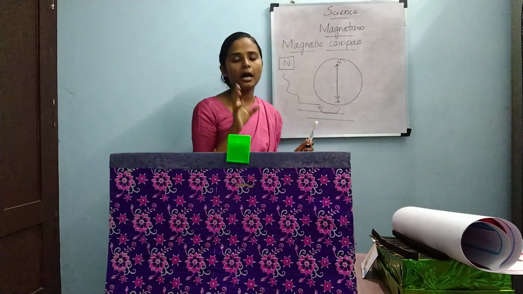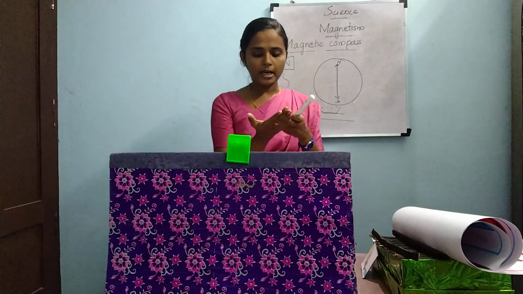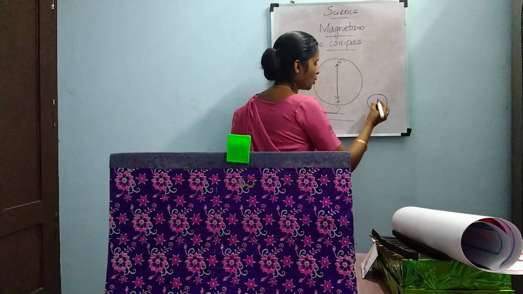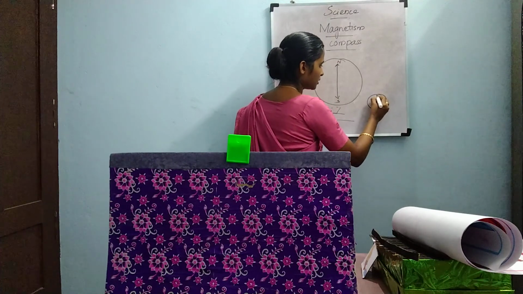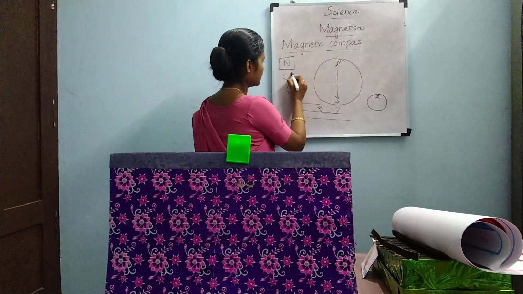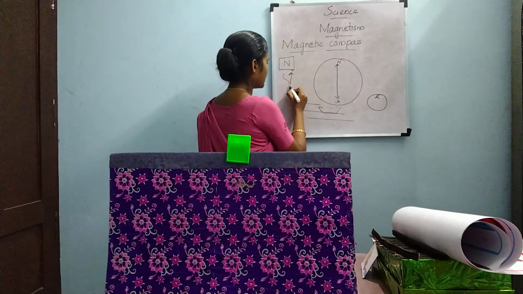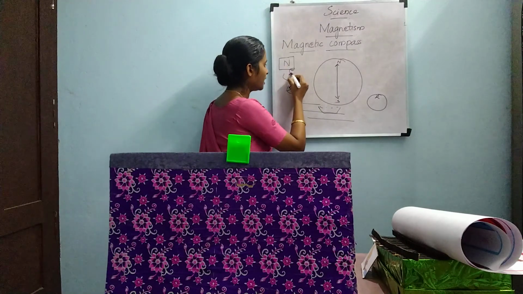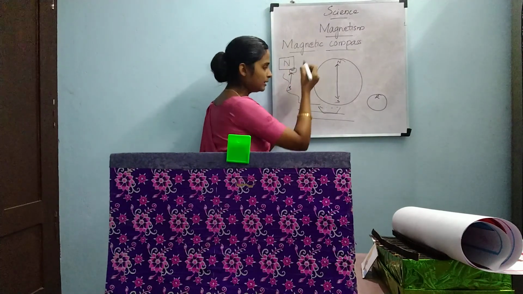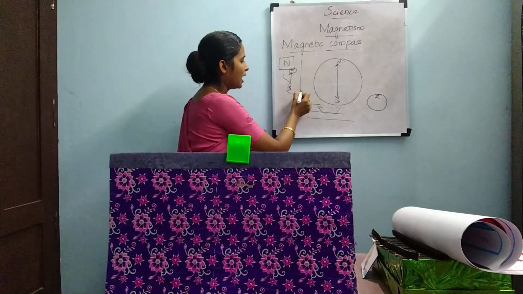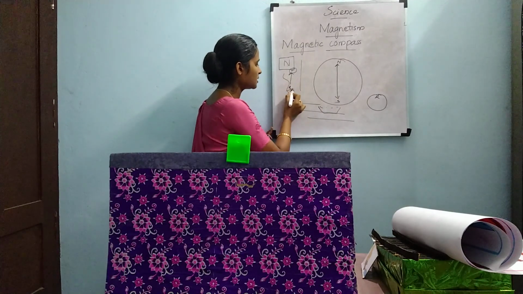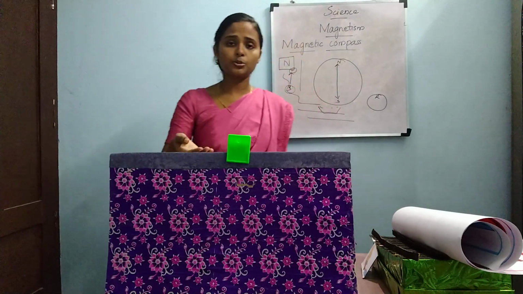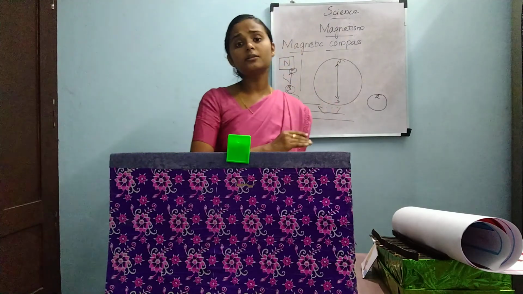By seeing the magnetic compass, it shows this side north and this side south. So I can find that from here I came, in a straight line in this direction, and the opposite of this north will be south. So I can return to the initial place where I started.